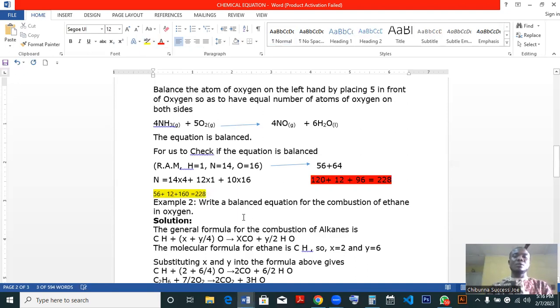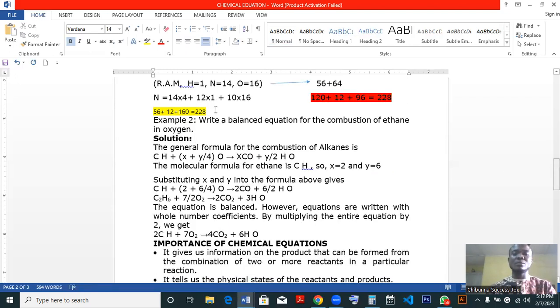Good. So we have an equal number of atoms on both sides, and the equation is balanced.